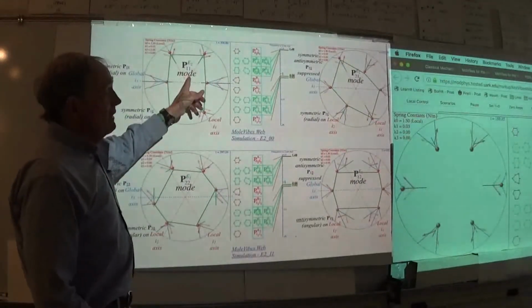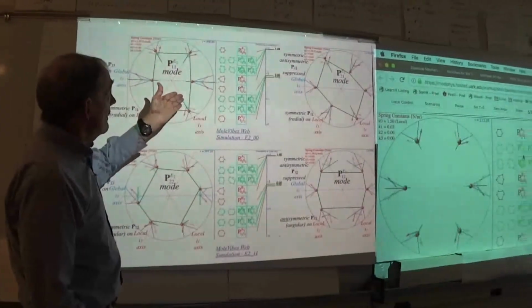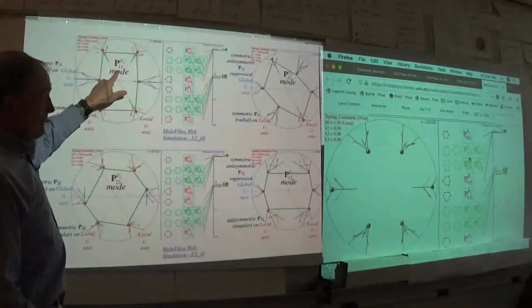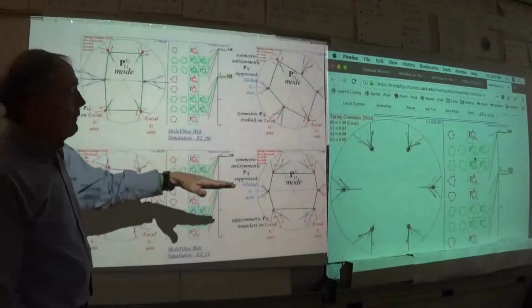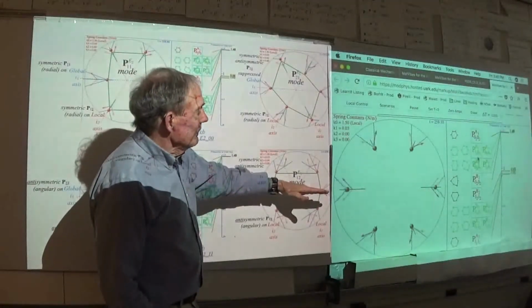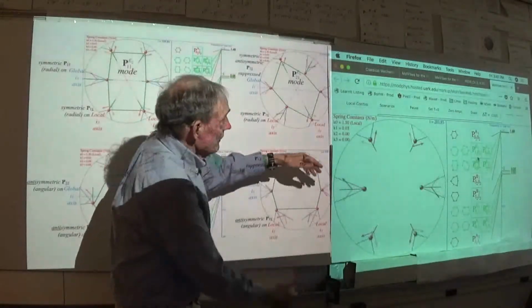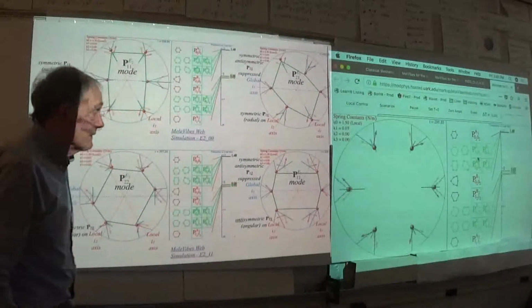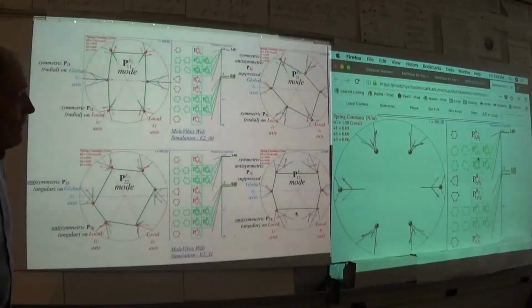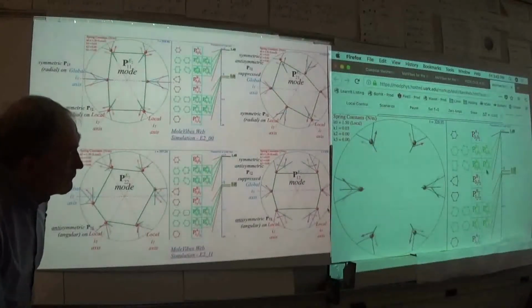This one's got local symmetry, that means radial motion, and it's got global symmetry as well. That is, when I look at a J3 flip, I see that it's symmetric. Those guys are symmetric, not anti-symmetric.